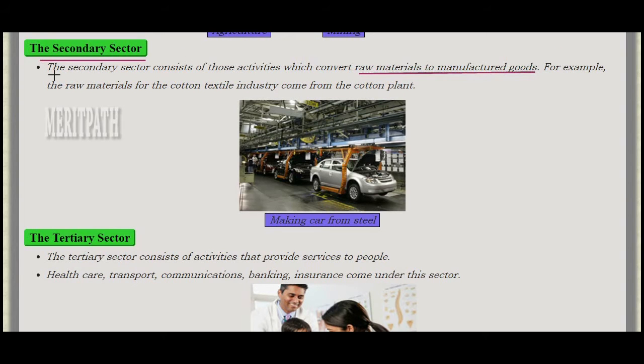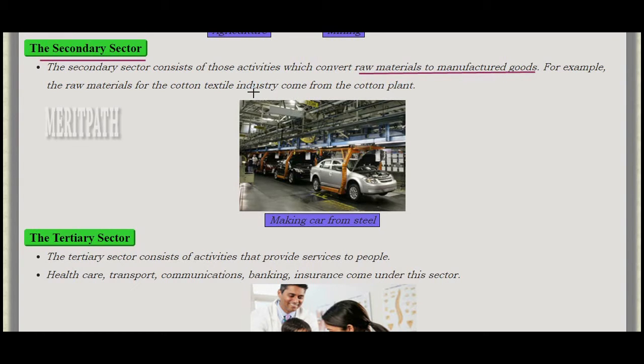Next comes the secondary sector. The secondary sector involves those activities which convert raw materials to manufactured goods. For example, the cotton plant is produced by the farmer. In the same way, stainless steel is a raw material, right?